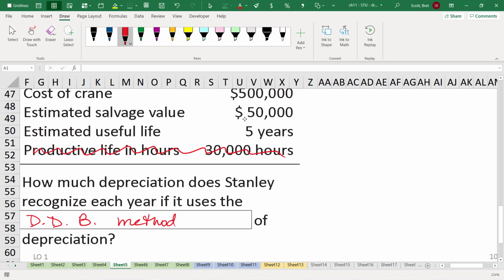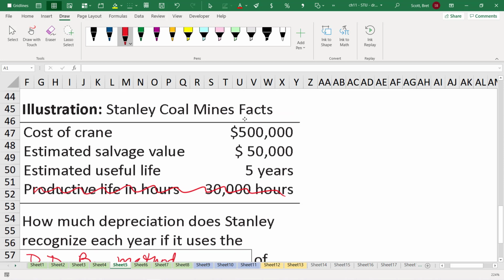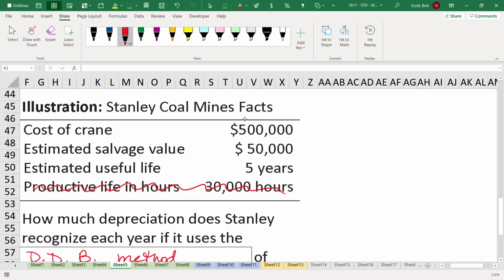We need to understand the straight line method in order to do this particular methodology. So the only thing we really need here is the cost of the crane, and that's going to be our starting point. And the estimated salvage value is going to be our ending point.